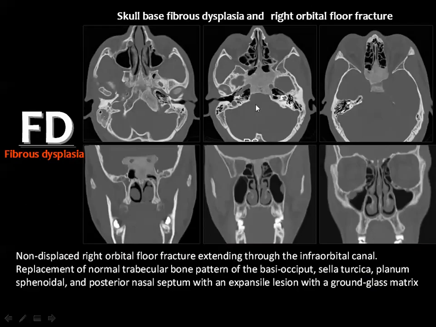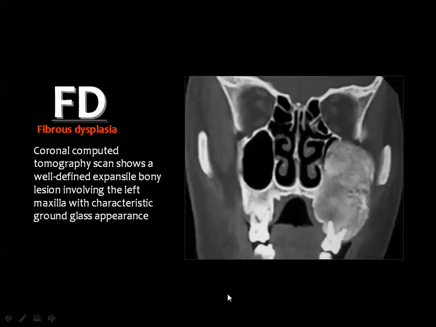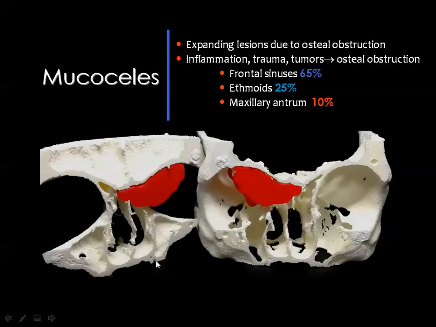Another example of skull base fibrous dysplasia affecting the region of the sphenoid sinus, the pituitary fossa, as well as the posterior ethmoids. And this is a localized form of fibrous dysplasia involving the left maxillary antrum, part of the hard palate, as well as the alveolar margin.